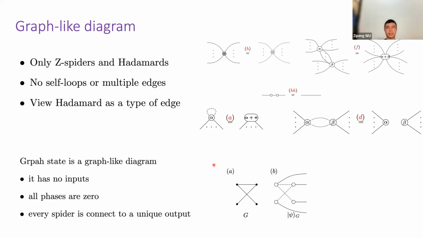Graph state is a special case of the graph-like diagram. It has no inputs, all phases are zero, and each node is connected to a unique output. So converting a classical graph into a graph state in this calculus is straightforward. We replace the nodes with Z spiders and connect the nodes with Hadamard edges and add an output for each node.